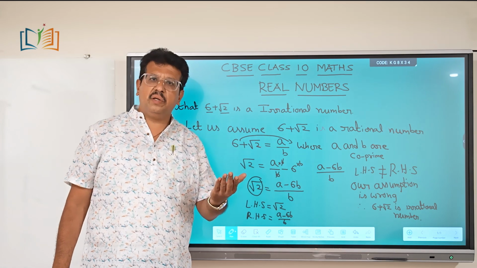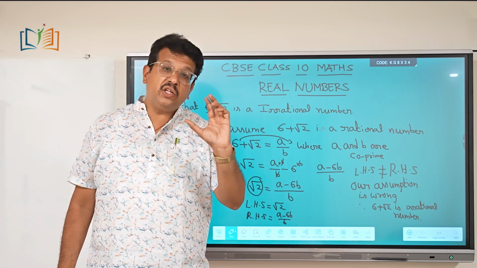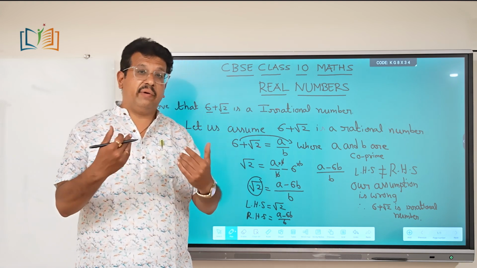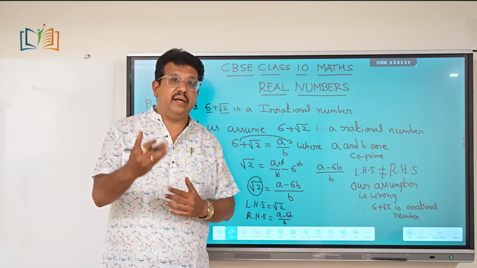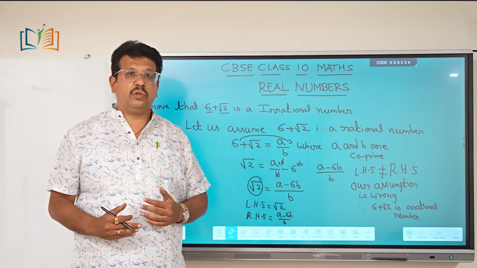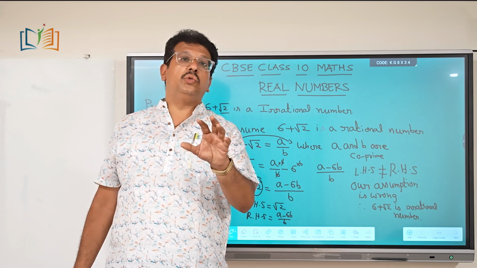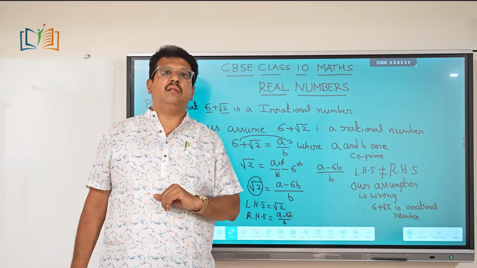And the fourth concept is how to tackle application oriented questions, which are never ending. You should keep on solving many sums, then only you get an idea, because application oriented questions are not easy to tackle. To tackle a sum, you should read the question at least 2 to 3 times. Without reading 2 to 3 times, you cannot handle the sum.